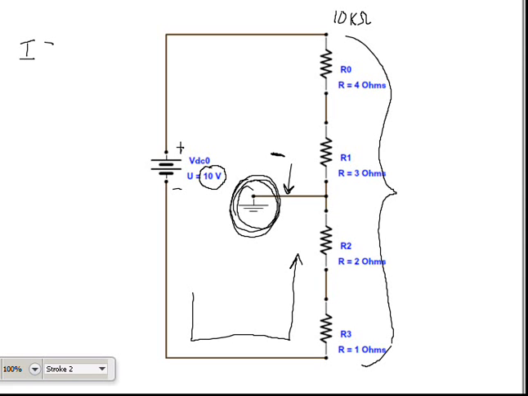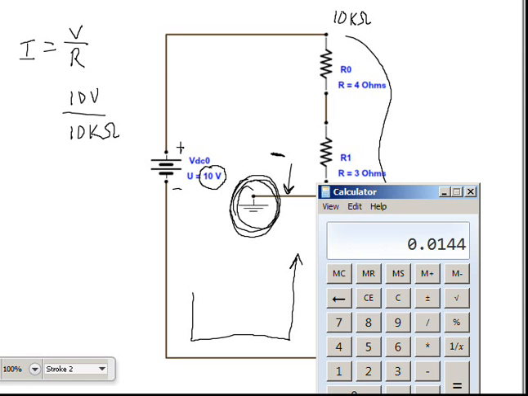According to Ohm's law, current is equal to voltage over resistance. My total voltage is 10 volts. My total resistance is 10K ohms. It's going to come out to be like 100 microamps, I think. Or maybe 1 milliamp. Yep, 1 milliamp.